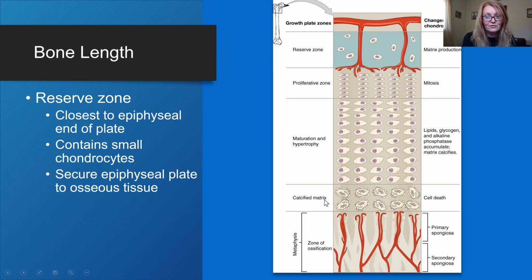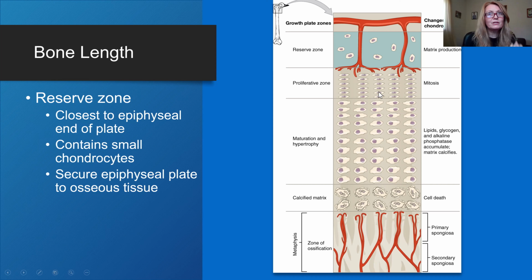So if the cartilage is dead, what's going to happen? We have osteoblasts that will deposit the bone matrix in the place where the cartilage is dead. That makes sense? It's called the zone of ossification, where we have deposition of bone matrix now. So we have calcification and then ossification, and ossification is making all this inorganic part of the bone matrix.